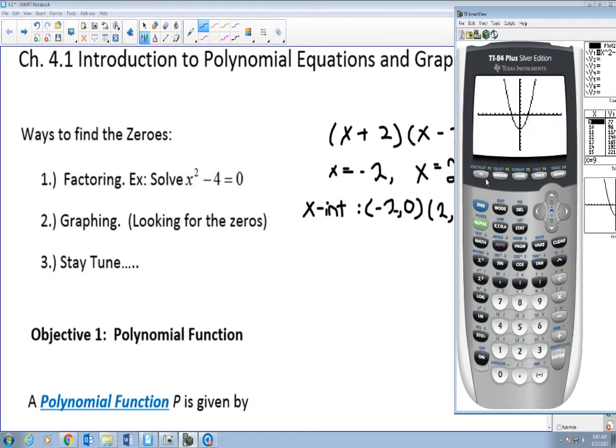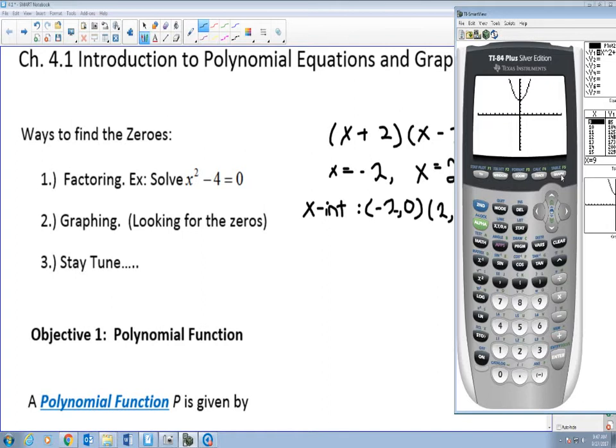If I change it to x squared plus 4, then this problem is no longer able to be solved by factoring. And if I graph it, I don't have any x-intercept as well. But still, I have zeros of the function. I just do not have the x-intercept.